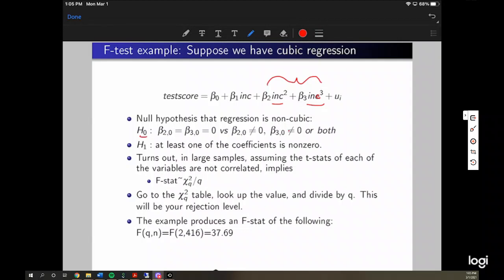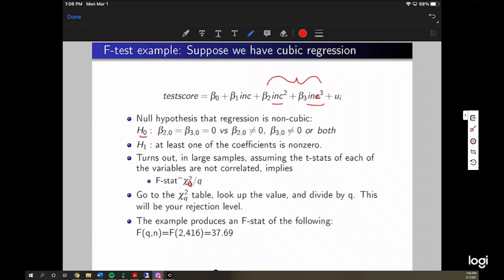It turns out in large samples, remember we've seen this before, that assuming the t-stats of each of the variables are not correlated, this implies that the F-statistic has a chi-squared distribution with q degrees of freedom, and the F-statistic itself is the chi-squared critical value divided by q. So let's go to the chi-squared table, look up the value and divide by q, and this will be a rejection level.